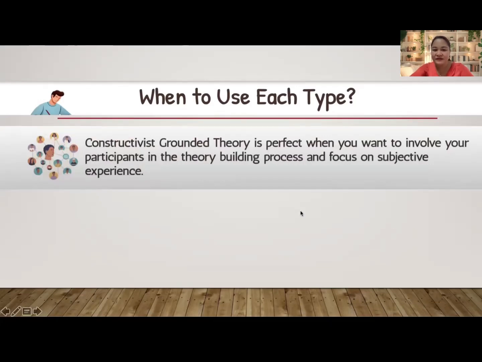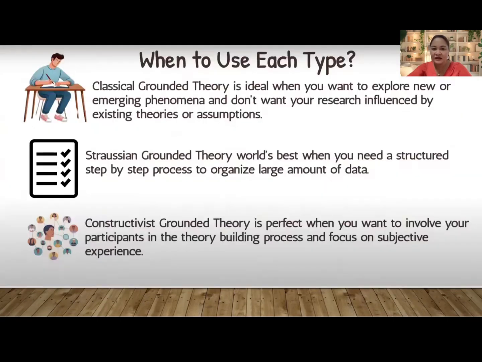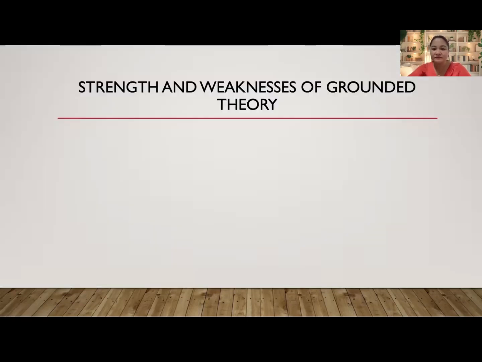What about constructivist grounded theory? It's perfect when you want to involve your participants in the theory building process and focus on subjective experience. So this is the explanation of when to use classical, Straussian and constructivist grounded theory.